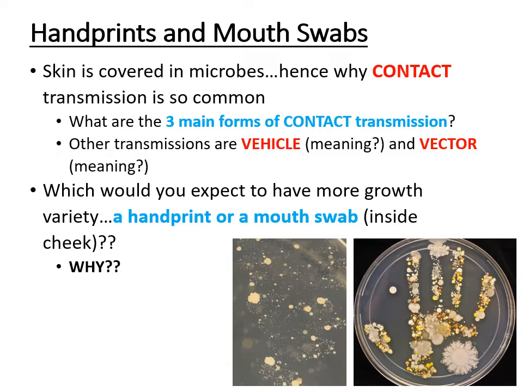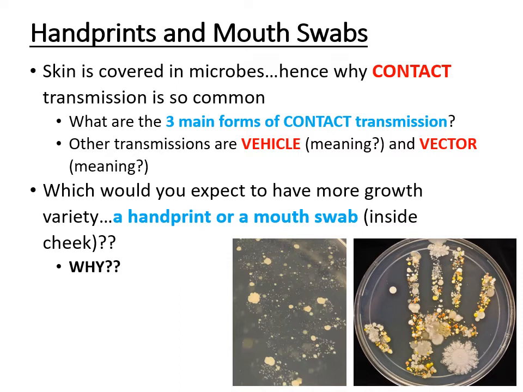The last one is droplet transmission, droplet contact transmission, and that has become very well known to people throughout the COVID pandemic. Droplet transmission is when you inhale or take in droplets that have microbes in them, either from someone coughing, sneezing, or even when you speak and those little fine particles of droplets come out of your mouth.